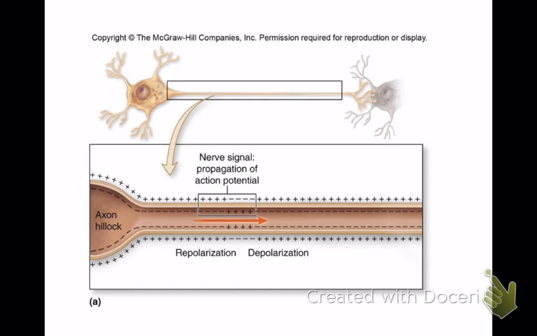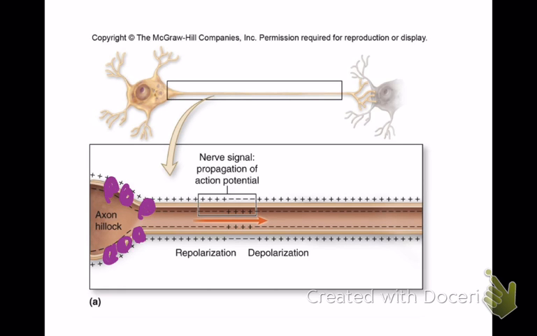So in propagation, we have voltage gates sitting at the axon hillock. What opened those gates? Where did that voltage come from? We're at the hillock, so where did that voltage come from? The dendrites. Remember, they had local potentials, which created a threshold voltage.